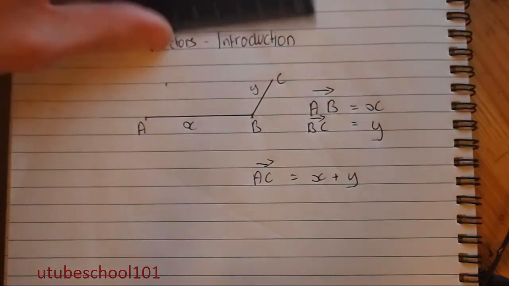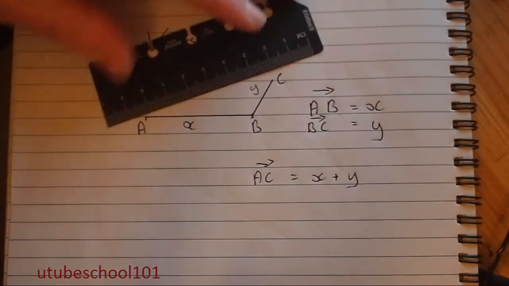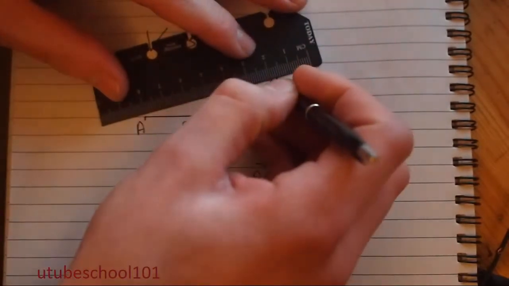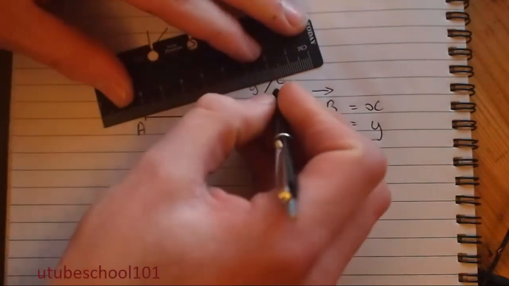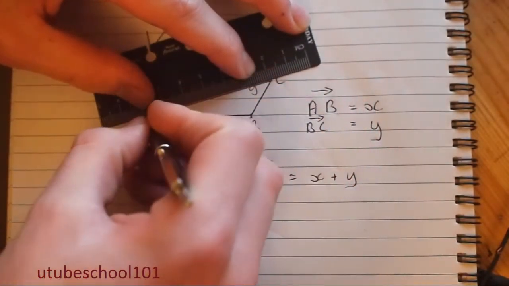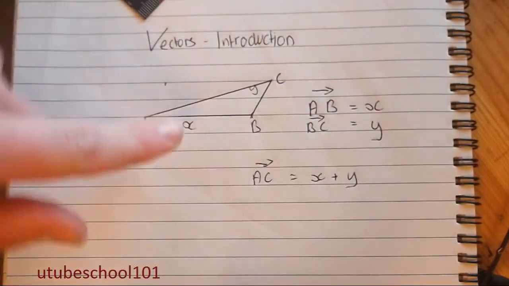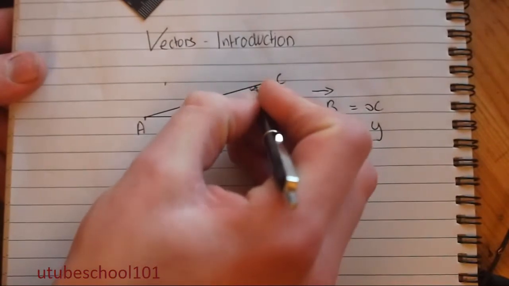So this algebraic expression is very useful for vectors, because say I wanted to find out what the vector was for A to C. Say I got this problem, say I got the shape here. I just draw the Y in a better location.